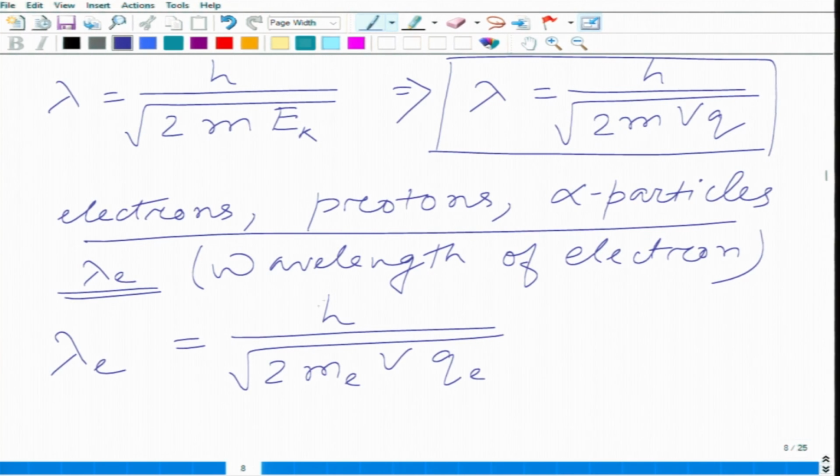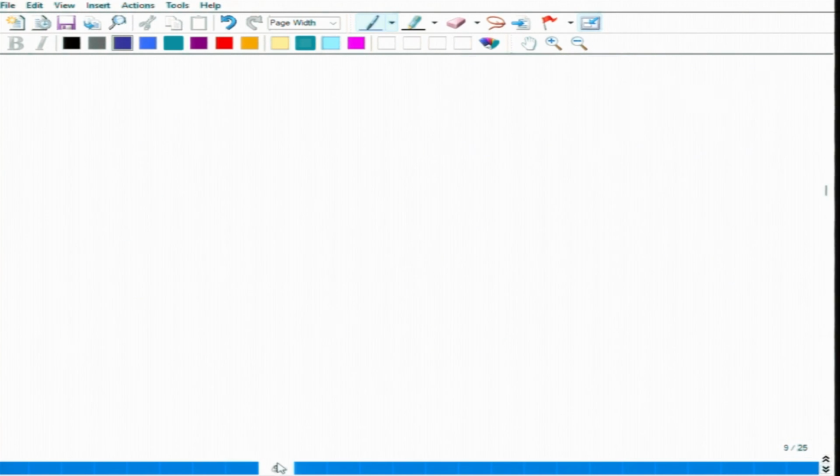Now, we know the value of everything except potential difference, which can change.